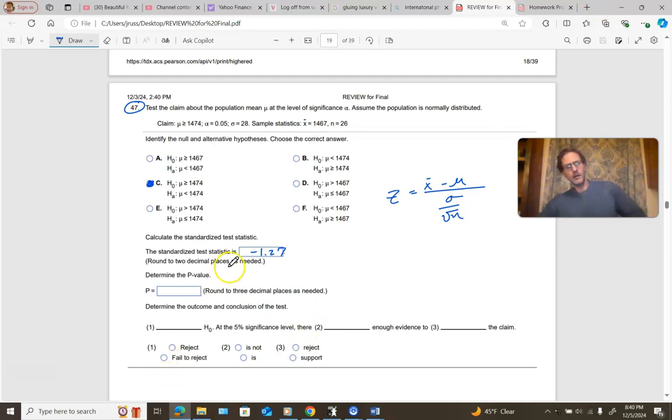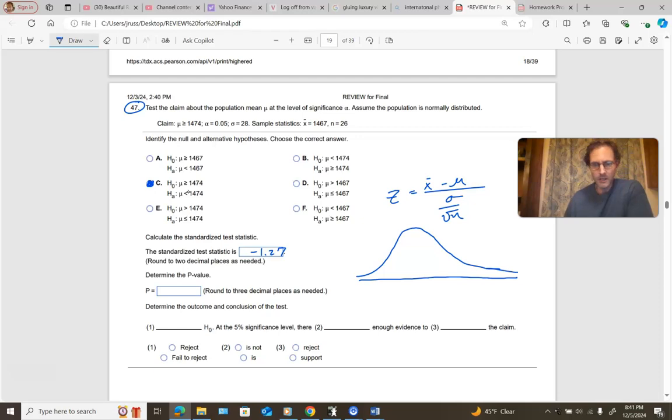All right. This would be a left-tailed test if you look at the alternative hypothesis. Okay. And so the p-value is basically the area to the left of negative 1.27. Okay. This area right here. So that's what we've got to find.